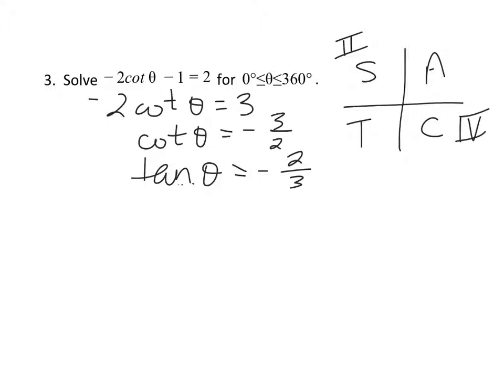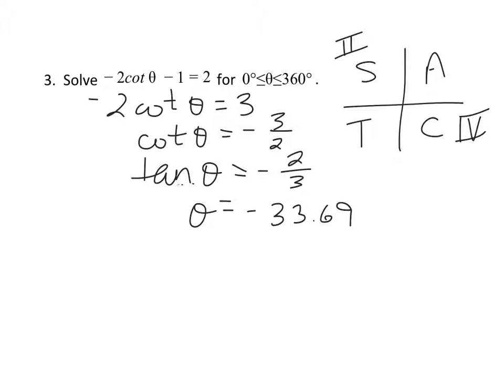And again, I don't identify that as one of my special triangles. So I'm just going to say, what is the inverse tan of negative 2 over 3? And when you pop that into your calculator, it's going to tell you that theta is negative 33.69.